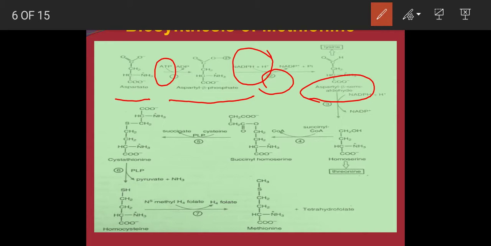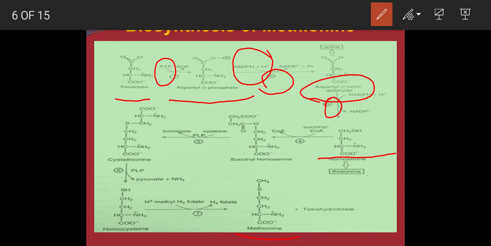The aspartyl beta semi-aldehyde is an important intermediate as it gives rise to threonine on one side, lysine on another side, and on third side it gives rise to methionine. The aspartyl beta semi-aldehyde is reduced by homoserine dehydrogenase in this third step, using NADPH plus H plus. As a result, the homoserine is formed.